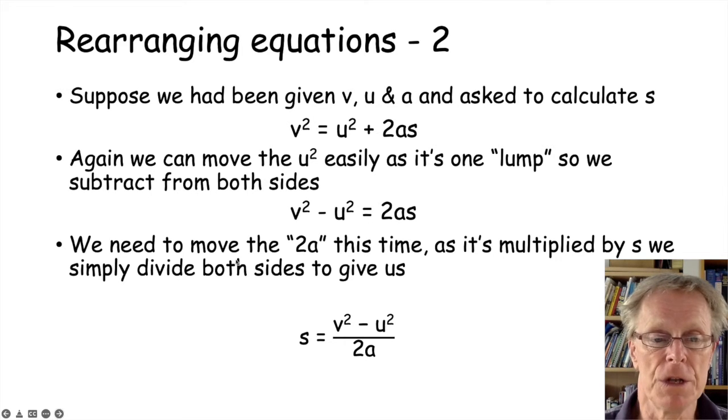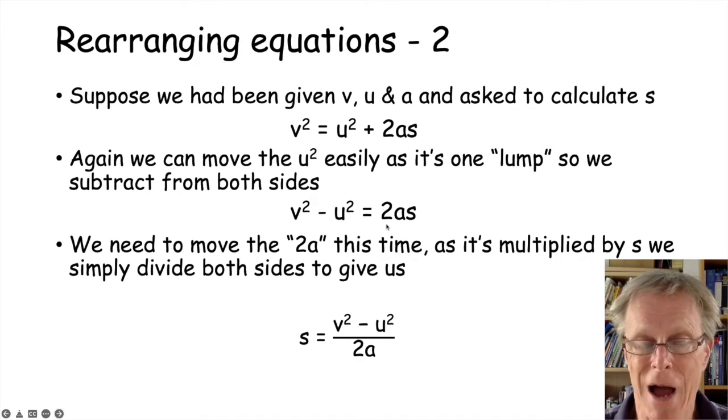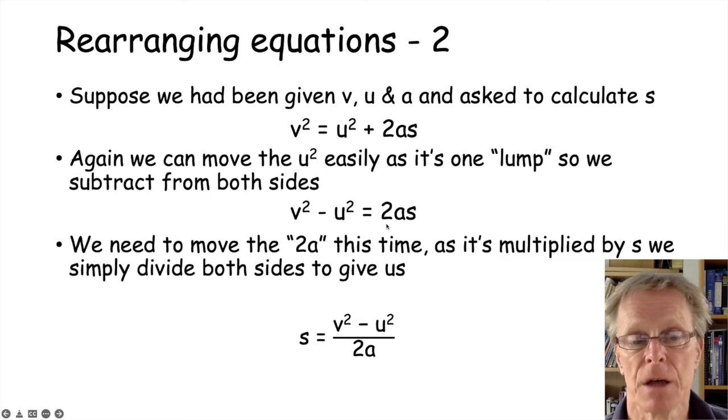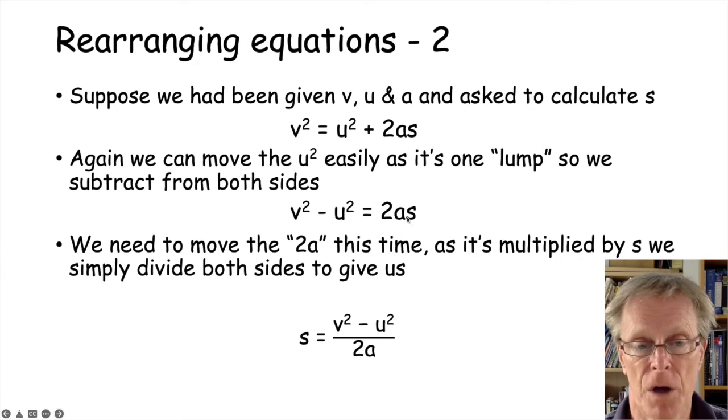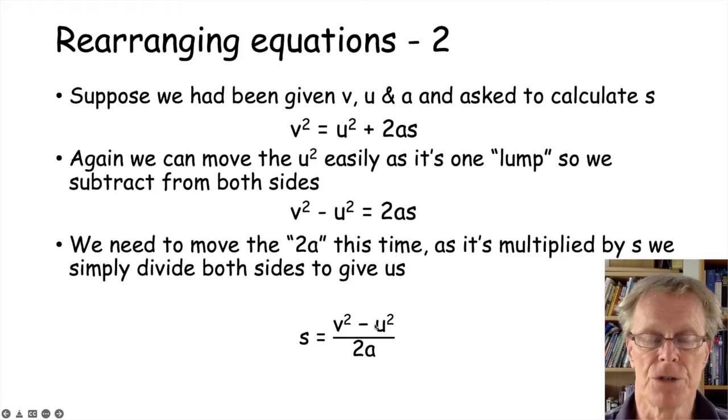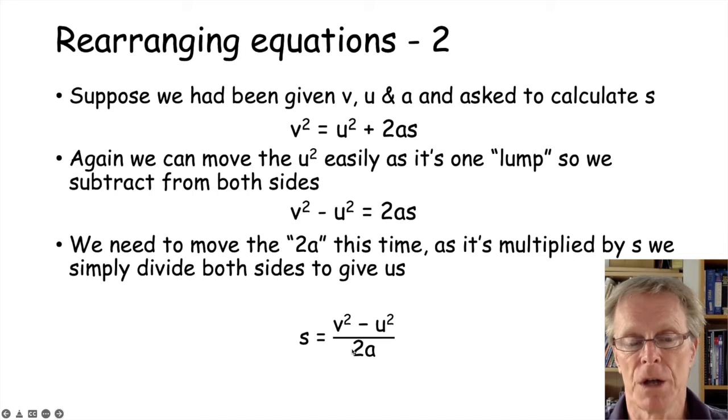And then all you need to do is to move the 2a all on its own to the other side. We want to calculate s. These are multiplied together. So if you divide both sides by 2a, then you will cancel out and you will get s on its own. So divide both sides by 2a, and that ends up with s equals v squared minus u squared, the whole thing divided by 2a. And that's how you can rearrange equations.